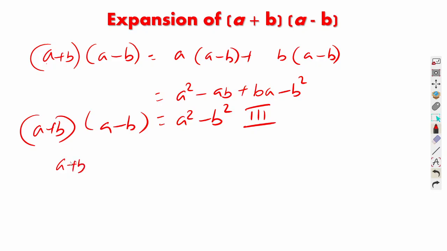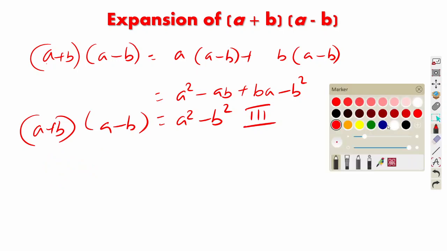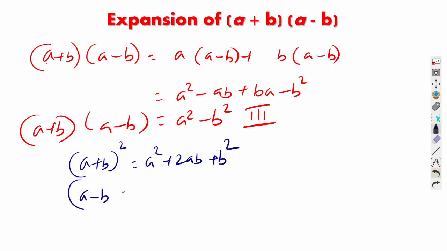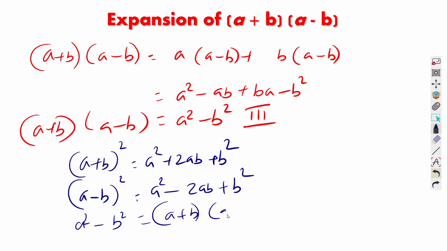I will change the ink so that you can see it more differently. (a plus b) whole square is equal to a square plus 2ab plus b square. (a minus b) whole square is equal to a square minus 2ab plus b square. Now a square minus b square is equal to (a plus b) into (a minus b).